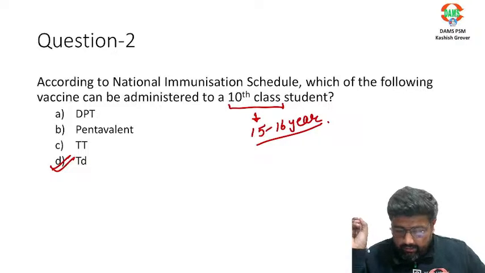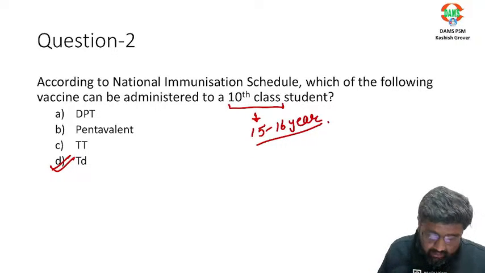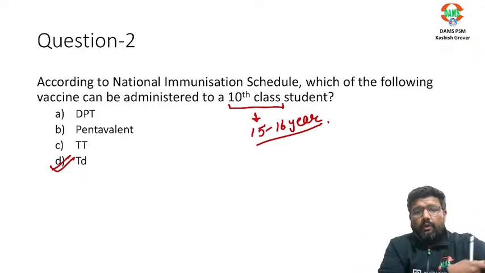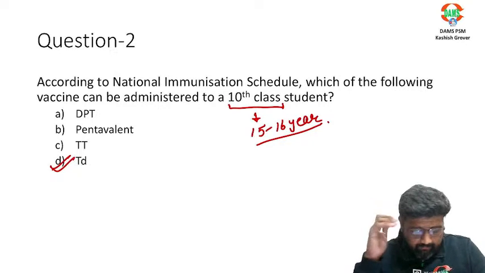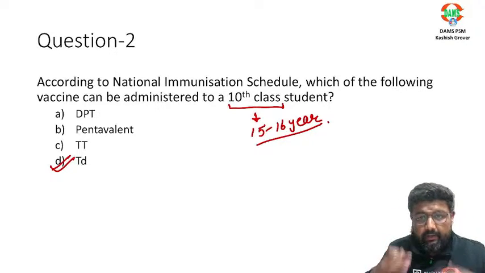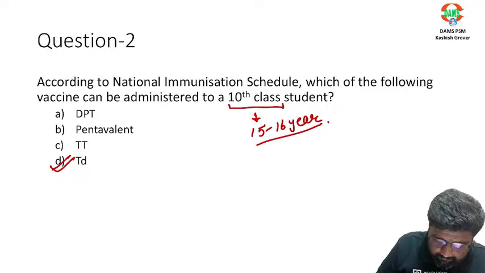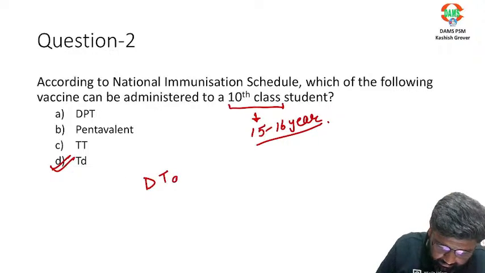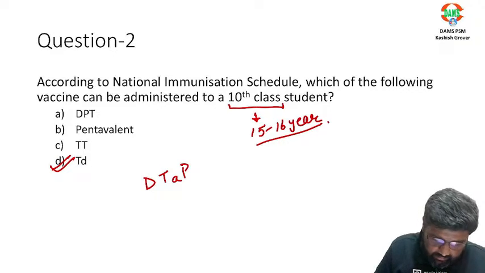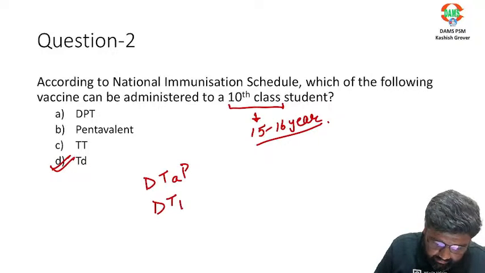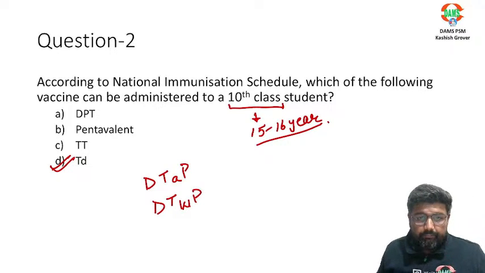Now done. Can I go ahead? Okay, guys, one thing I want to tell you. Every time I get question, what is difference between D, T and acellular pertussis? What is D, T, whole cell pertussis, right?